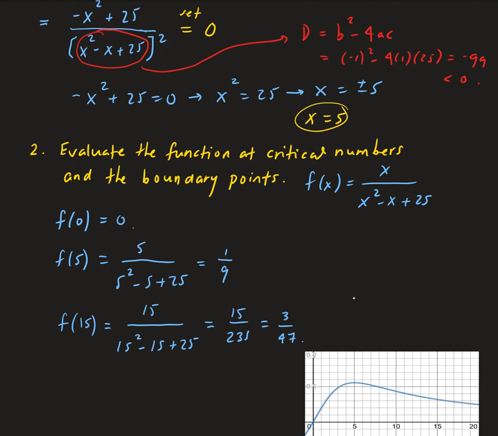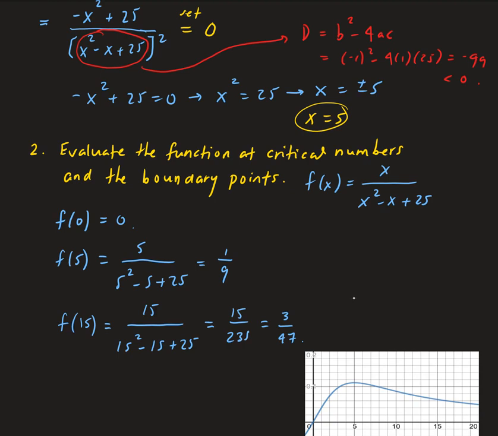If the discriminant is less than 0, that tells us this function will not cross the x-axis. There are no real roots, so there is no x value that makes this 0. So the only critical number we have is 5.